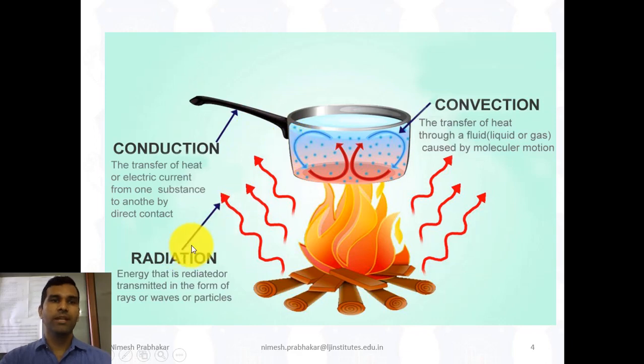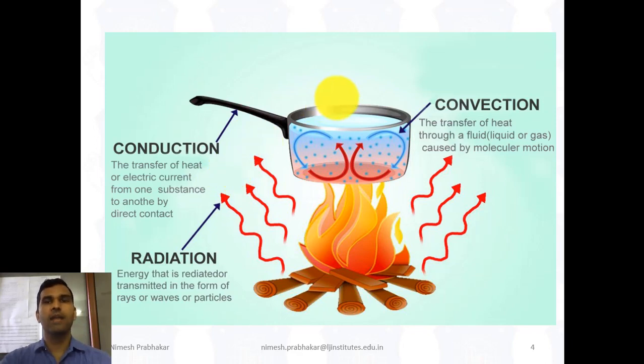Now the radiation. Because of heat radiation, this device feels hot. Radiation is energy that is transmitted in the form of rays, waves or particles. So this is basic heat transmission by radiation.